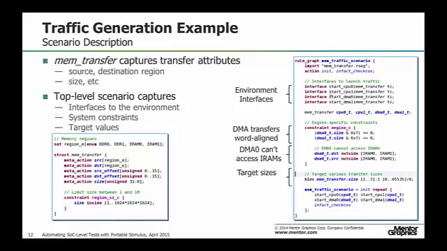In a way this is very similar to a UVM virtual sequence. This would then in turn start lower level sequences that run in whatever target environment we're looking at. I'll show you some examples of that in a moment.